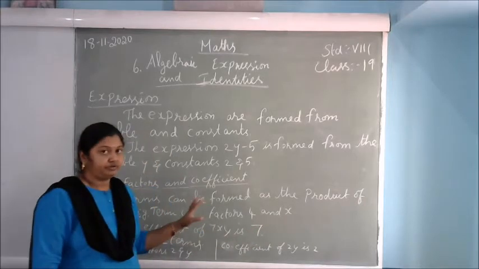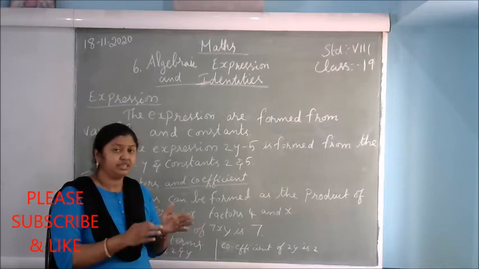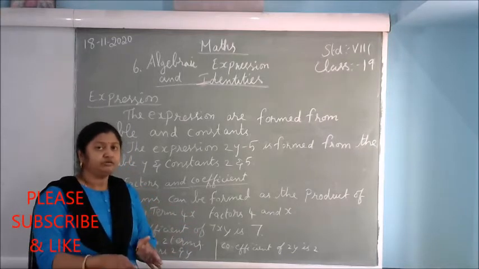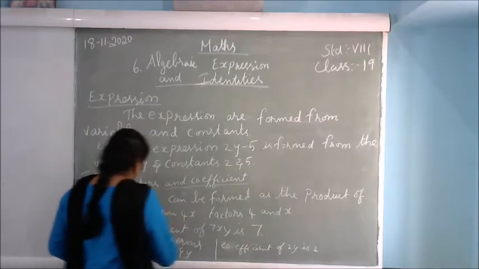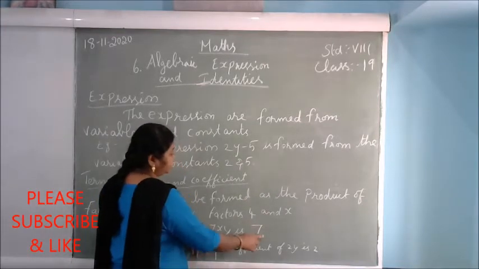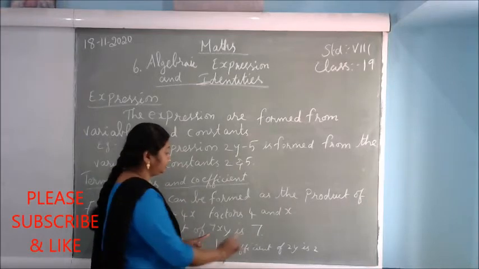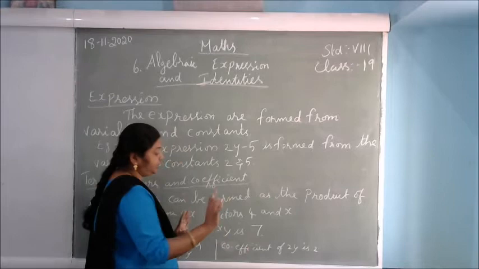What is the coefficient? Coefficient means the variable with the number we are writing. In that, only the constant if you are writing separately, that is the coefficient. See here. The coefficient of 7xy is only the constant you have to write. Coefficient of 7xy is 7 only.